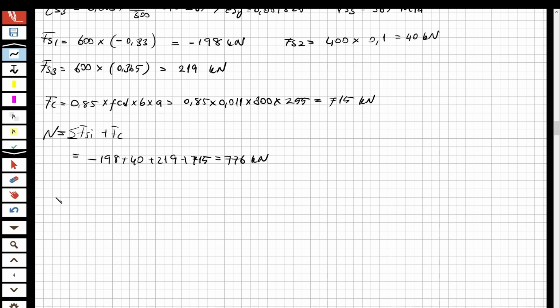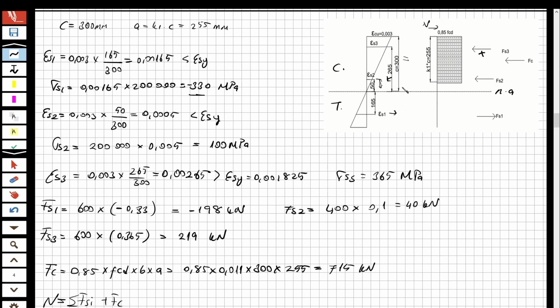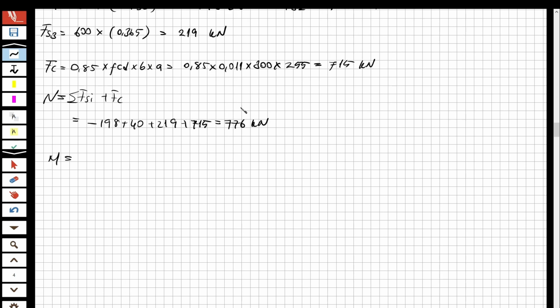Let's calculate the moment. For the moment, it's going to be calculated with respect to the midpoint of the section. So this is going to turn at this side, and this one at this side, and this is all in the counterclockwise direction. So it's going to be calculated like that: 215, which is the same distance for the top and the bottom steel.